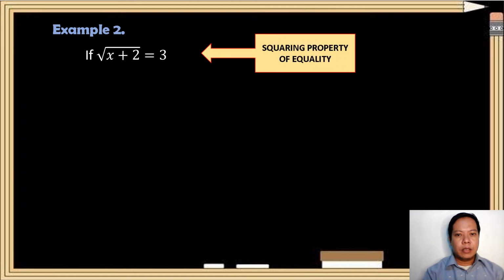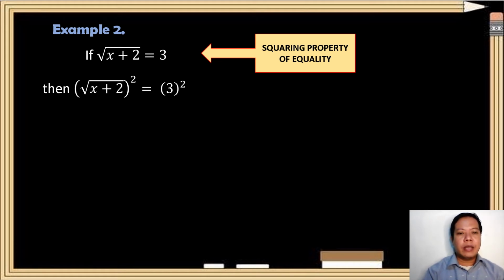For our second example, if square root of x plus 2 is equal to 3, then by the squaring property of equality, we have the square of the quantity square root of x plus 2 equal to the square of 3.